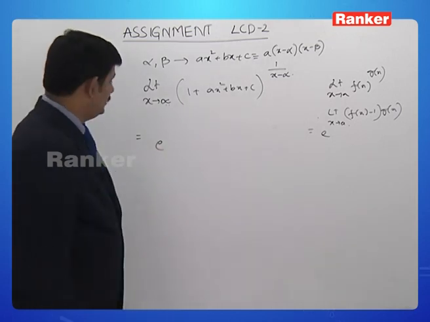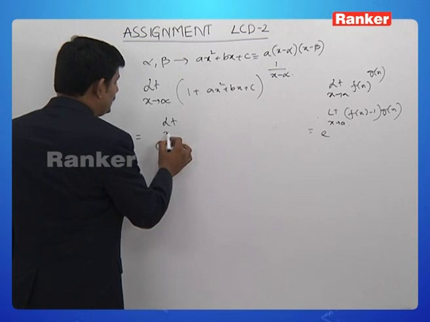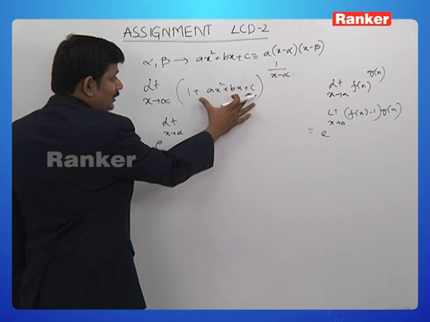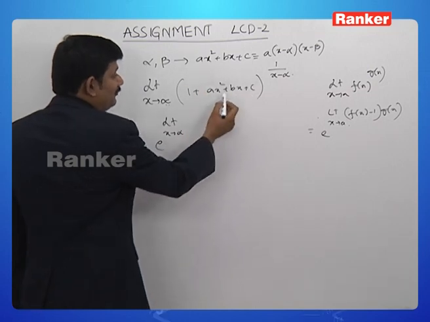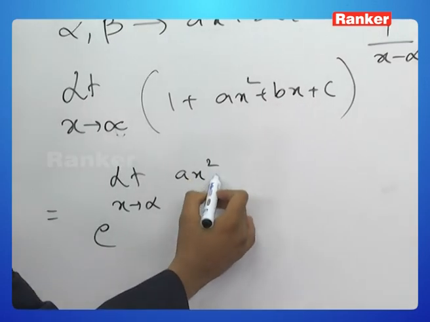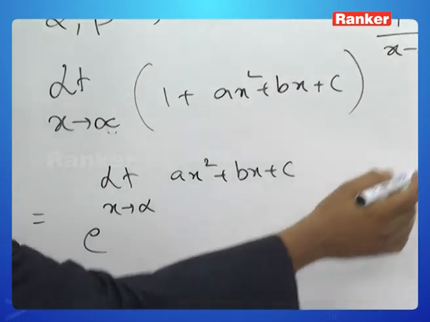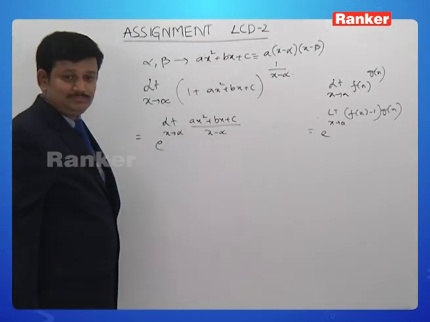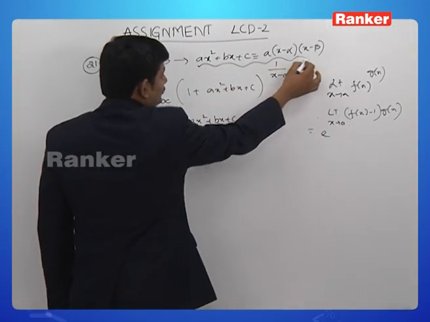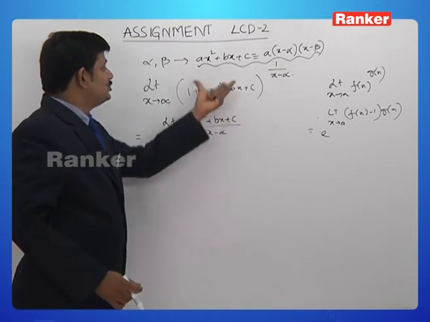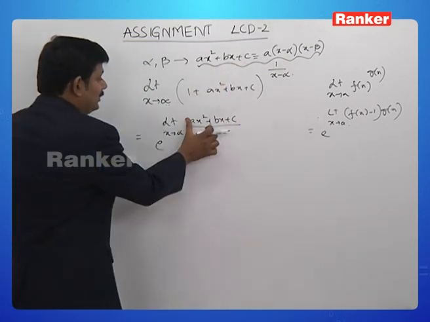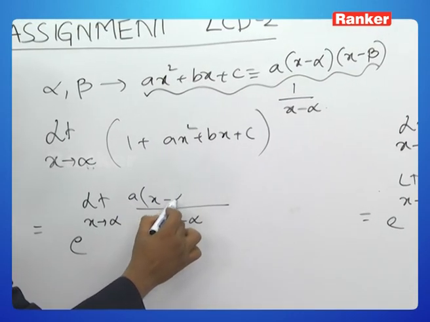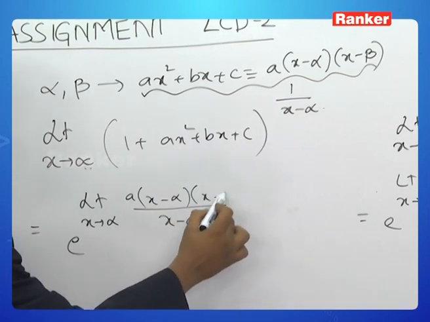So, our limit will be e power the limit as x tends to alpha of f of x minus 1. From this, if I subtract 1, I will be left with ax square plus bx plus c, into g of x, which is 1 by x minus alpha. And from the result of the factor theorem, we can replace ax square plus bx plus c by a into x minus alpha into x minus beta.